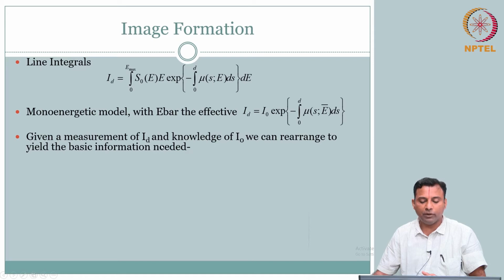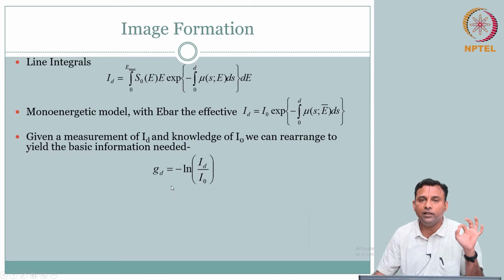So given a measurement of ID and knowledge about I naught, we can rearrange this so that we have the natural logarithm of ID by I naught, with a minus sign. This is a known quantity. The known quantity is your GD, the measurement at the detector.